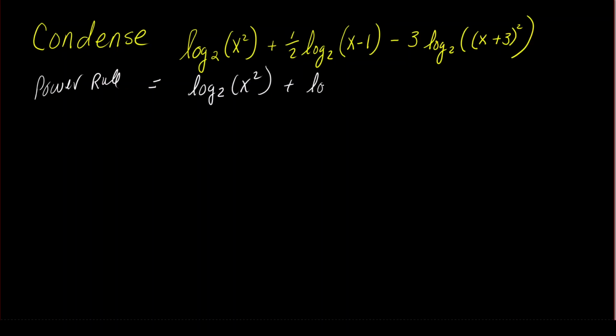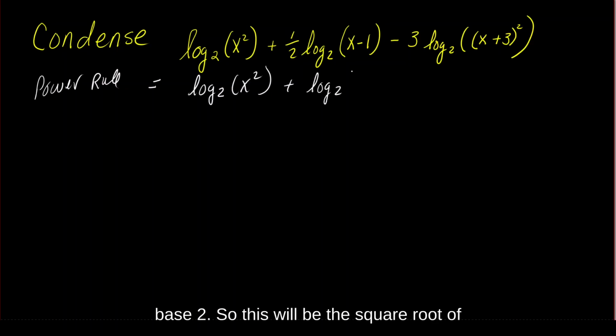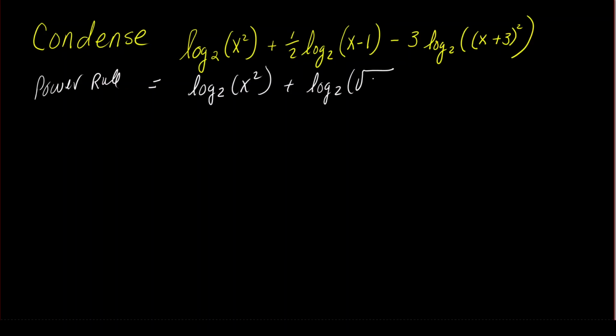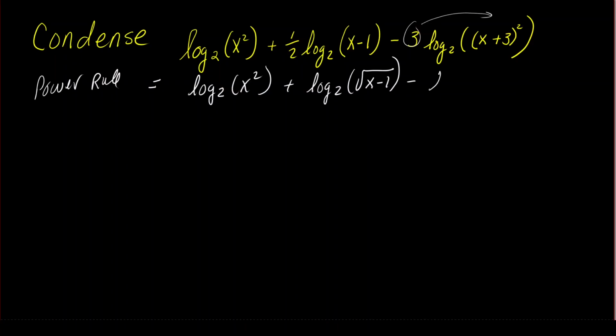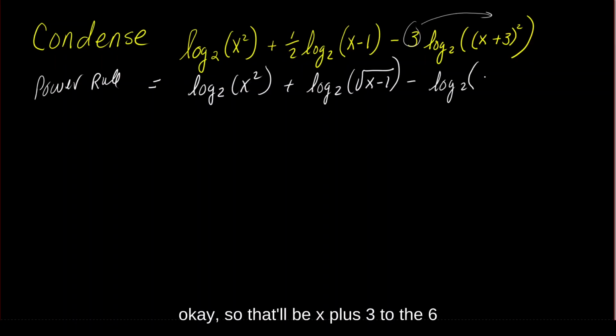So that'll be log base 2 of the square root of x minus 1 minus, take this 3 over. So it'll be log base 2 of x plus 3 to the 6th power.